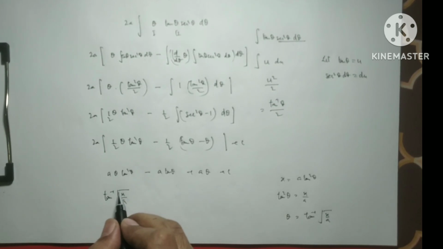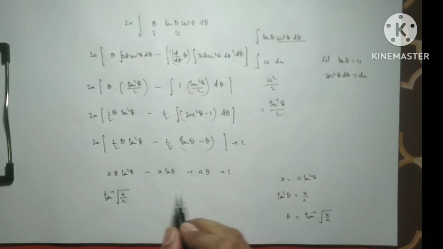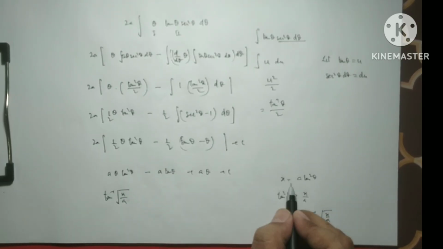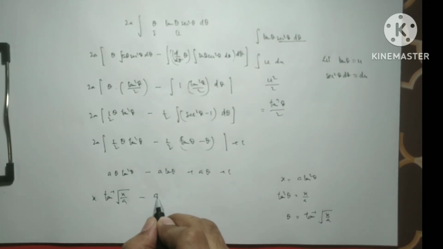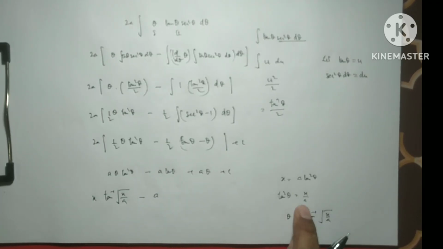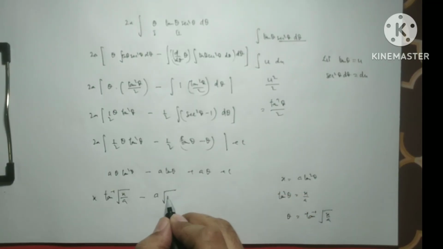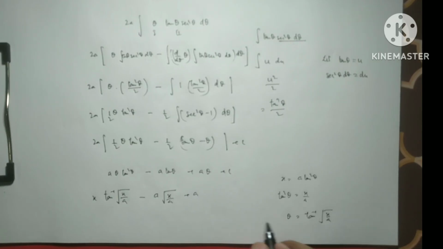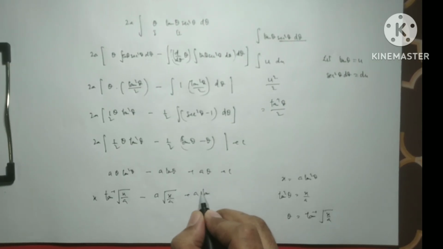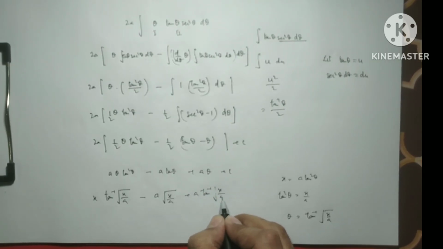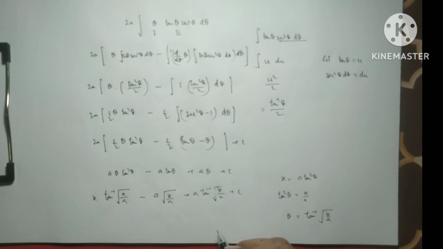This is the value of theta, and the value of a tan square theta is x. So we can place x minus a tan theta, which is under root x over a, and this theta is tan inverse root x over a, plus c. So this is the answer.